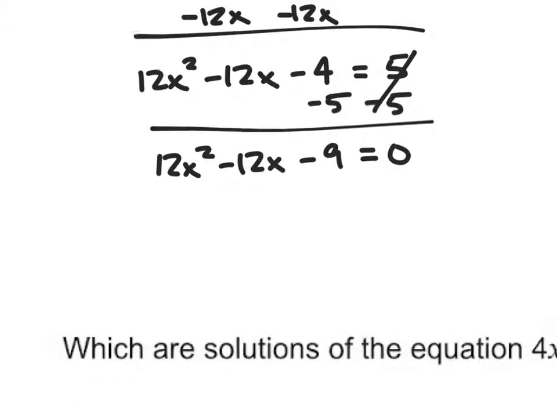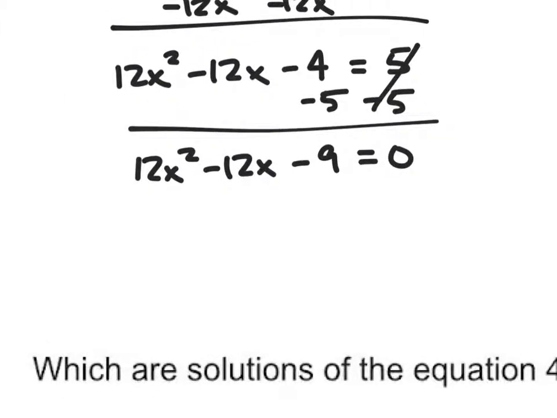Okay, so now that I've got this in standard form, we want to factor this, all right? But let's not factor it just yet. Each of these terms is divisible by 3. Let's make these numbers a little bit smaller, okay? You don't have to do this. You'll end up getting the same answer, but if you can divide by certain numbers to make these smaller, then this should work, okay?